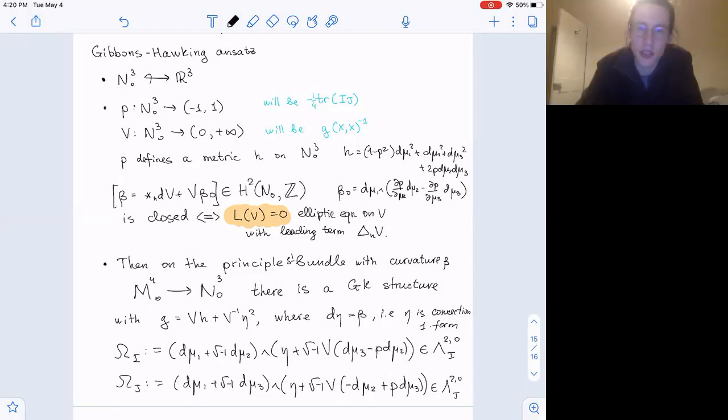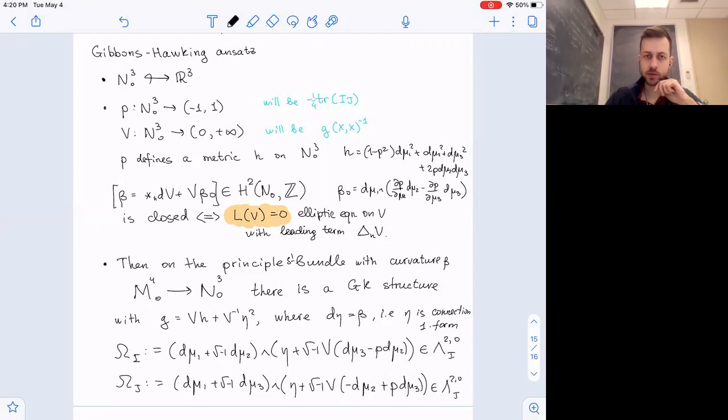Is V essentially unique up to something? If it's a local problem, no, it's not unique. You can solve the Dirichlet problem essentially. You can prescribe V on the boundary and extend it in a unique way in the interior of your region. So for any boundary value, you will have some V inside.